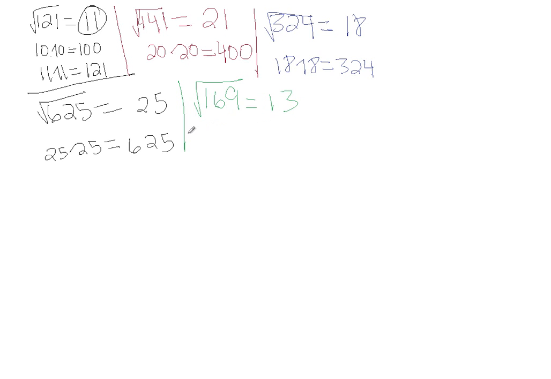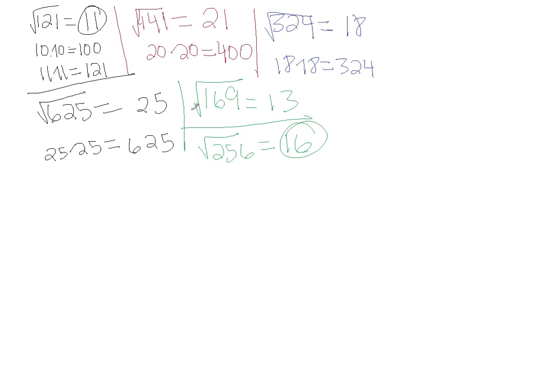Let's do one more. Let's take the square root of 256. We know 13 times 13 is 169, so let's try a few more up, and it turns out 16 times 16 is 256. So the square root of 256 is 16.